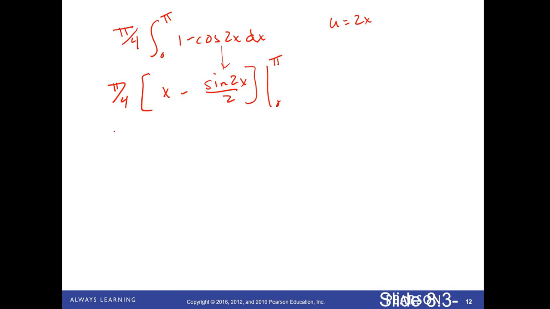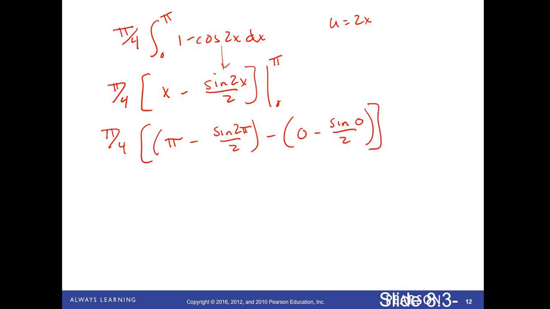So now, what do I need to do? I need to evaluate. Pi over 4. Plugging in pi, I get pi minus the sine of 2 pi over 2, minus 0 minus the sine of 0 over 2. Fortunately for me, this is 0, that's 0. I just end up with pi over 4 times pi, which is pi squared over 4, and that is my solution.